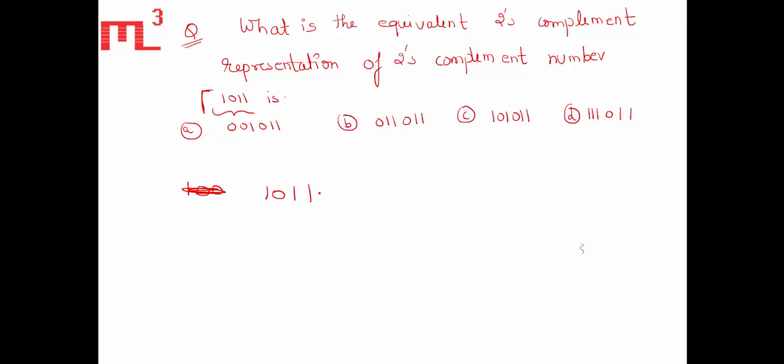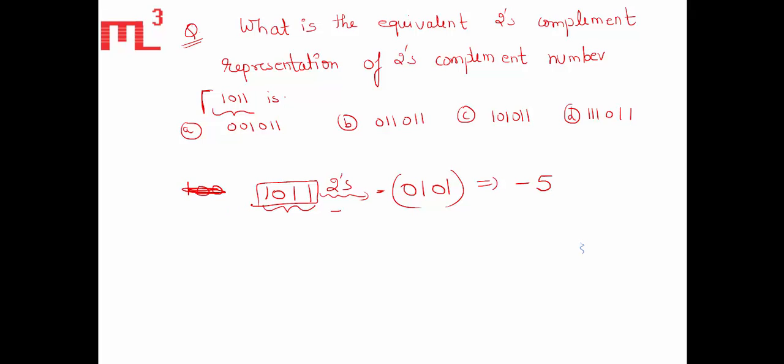What is the way to know the magnitude of this 2's complement number? Take its 2's complement and then put a minus sign in front of the result. When you take the complement of this number, you will get 1 0 1 0, and put a minus sign in front of this. It is nothing but minus 5.